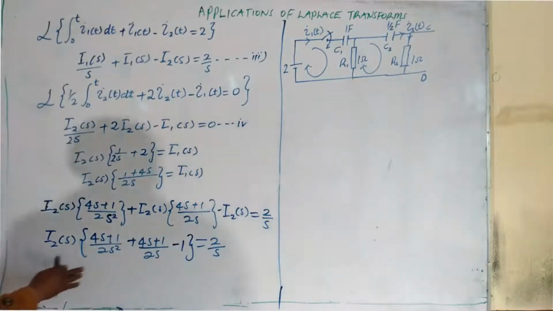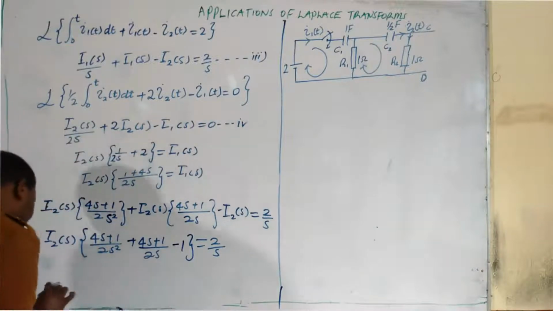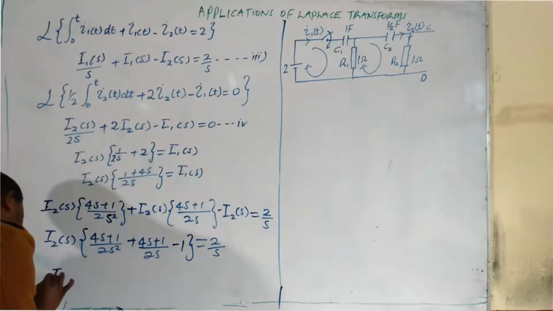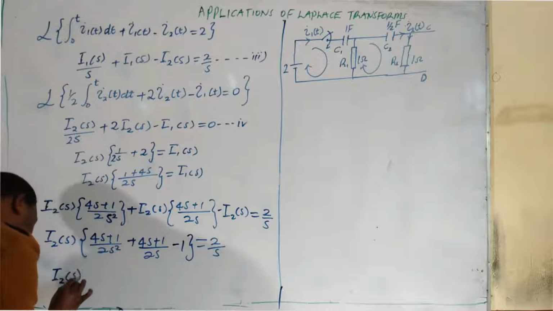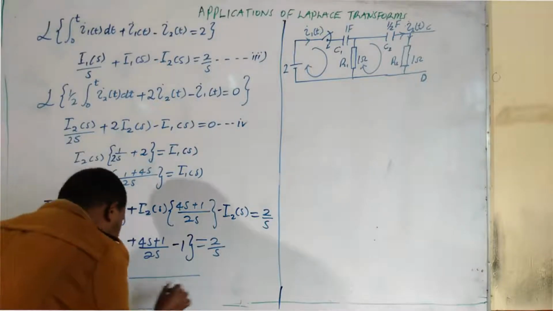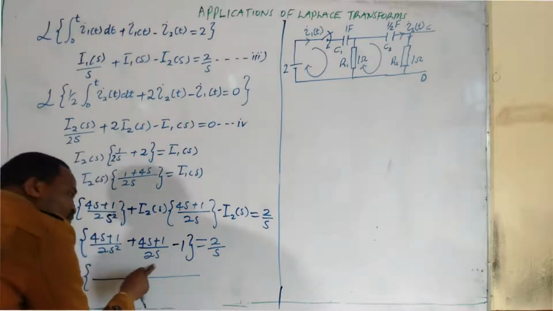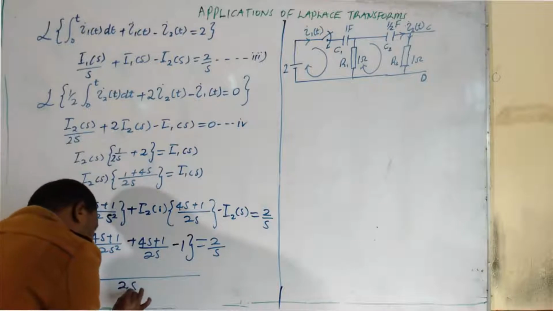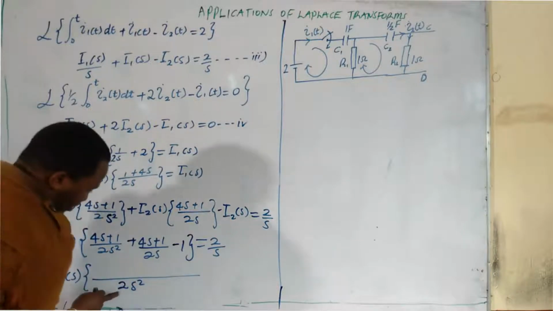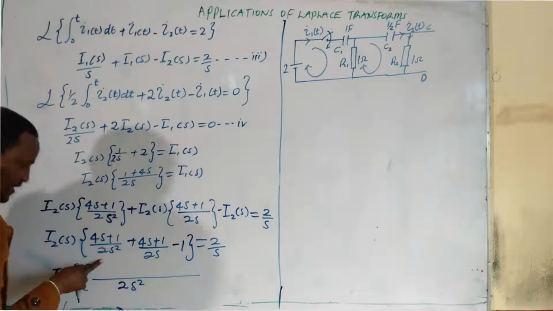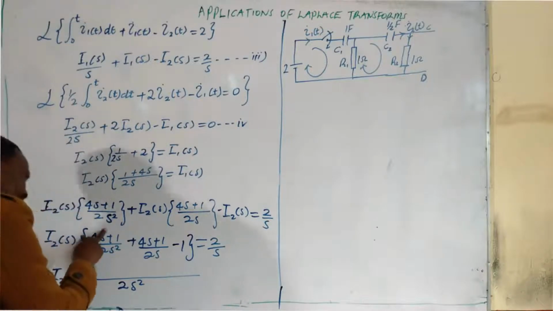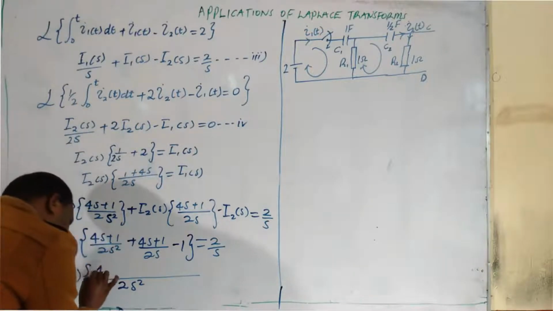I think we can combine these three terms using LCM. We have I2(s). The LCM of 2s squared and 2s is simply 2s squared. So you have 2s squared divided by 2s squared, 1 times this term 4s plus 1.